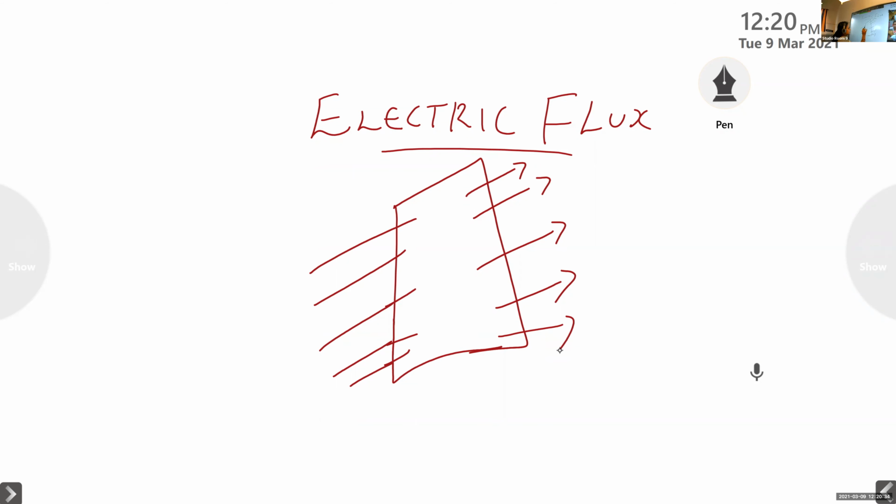Suppose we are considering an area like this, the total number of electric field lines passing through a given area is known as electric flux. This is the definition of electric flux. Here this is the surface, and a number of electric field lines are passing through its area. This is what is known as electric flux.